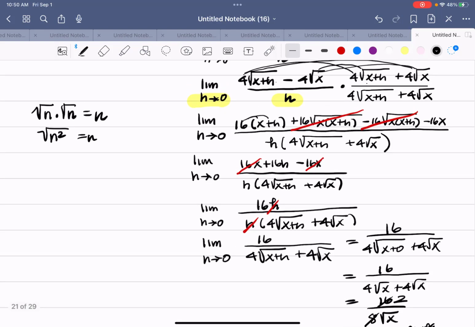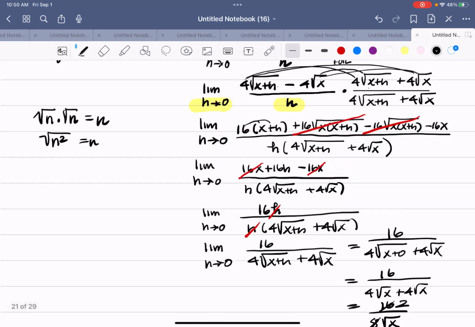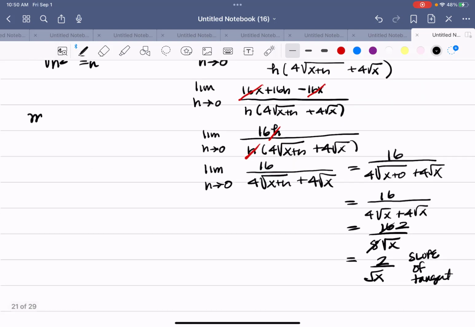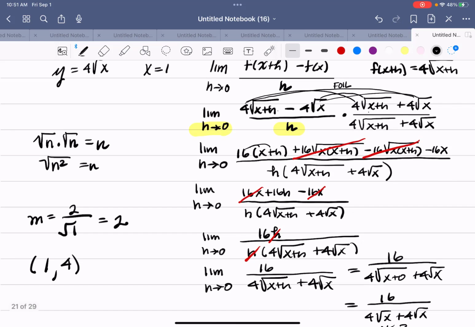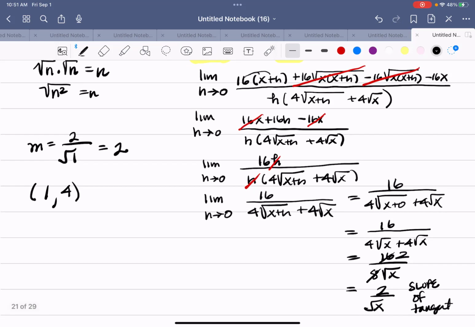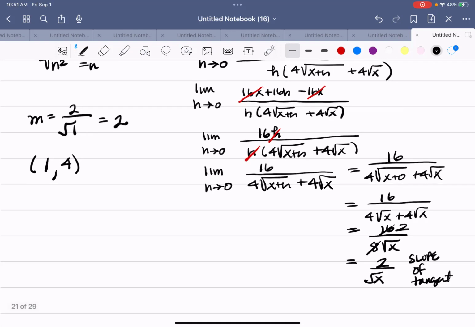Remember, we want to do it where x is 1. So my slope is going to be 2 over the square root of 1, which is 2. And my point is 1, 4. Because remember, when I put 1 in for x in 4 square root of x, I get 4 times 1. So these are the two things I need to write an equation of a line. So y equals mx plus b becomes 4 equals 2 times 1 plus b.